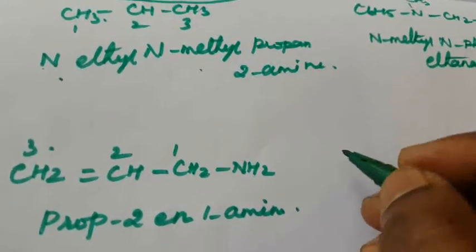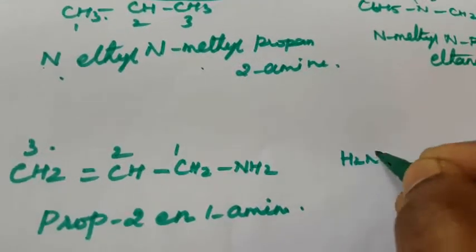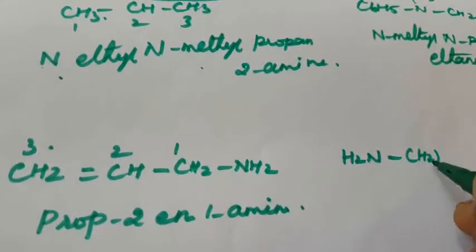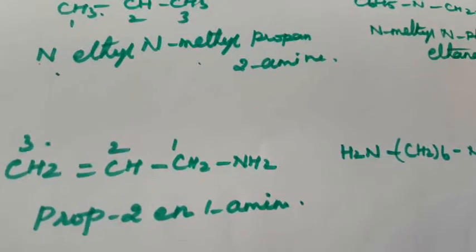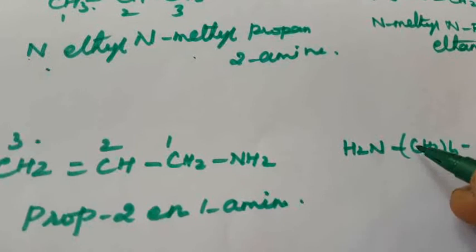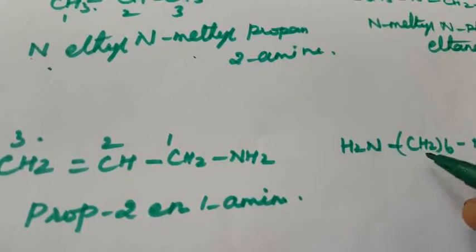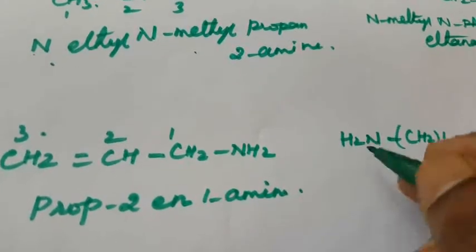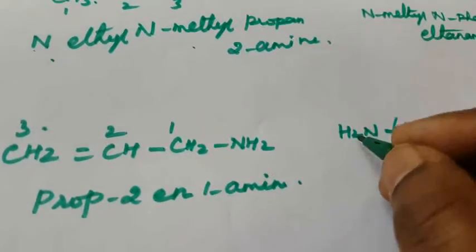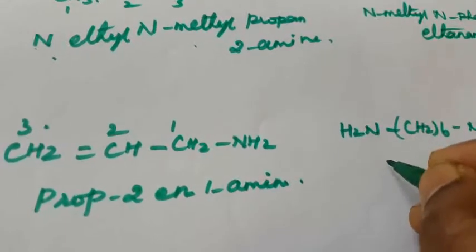Okay, so next one is the same compound H2N, CH2, 6 NH2. This is called hexane. 6 carbon is there, that is hexane. 1,6-diamine. First position here, we can write like this, right?